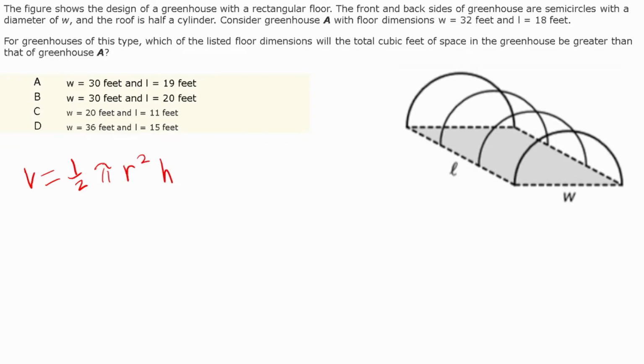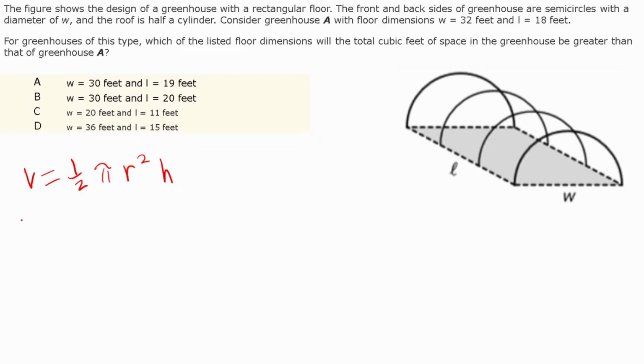And we're not going to multiply by pi here. We're going to put that at the end. We're going to do this all in terms of pi. So we could just plug things in. We're going to have 5 different formulas using each of this information, where our length is our height, and we're going to take half of our width to use as our radius here.